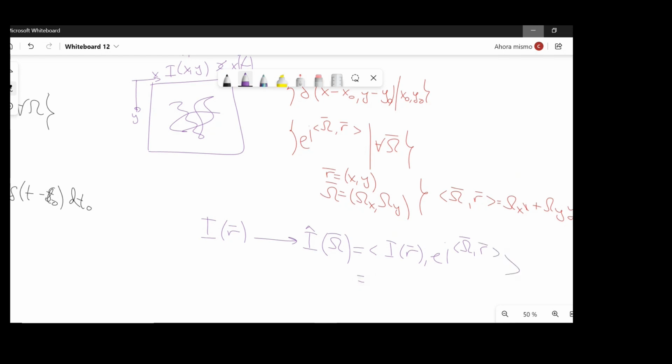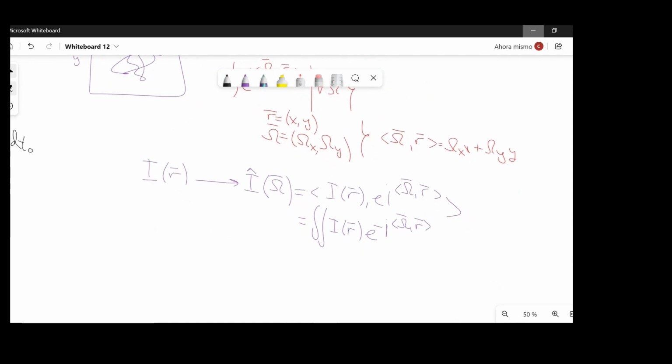And this is now the double integral of I of R times the conjugate of the basis. And I have to integrate over what?